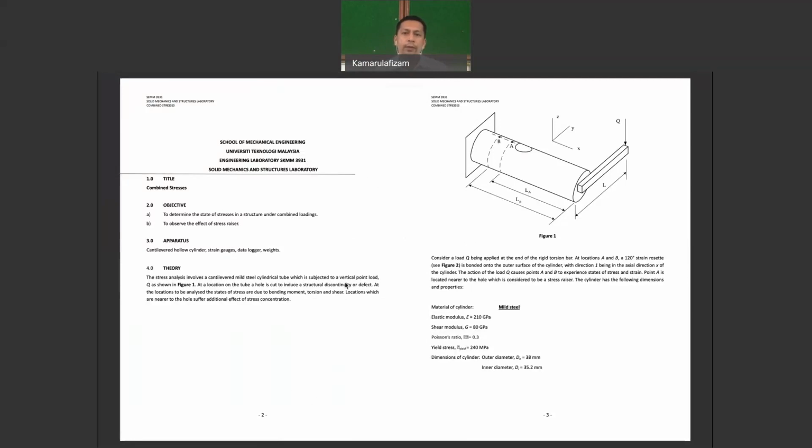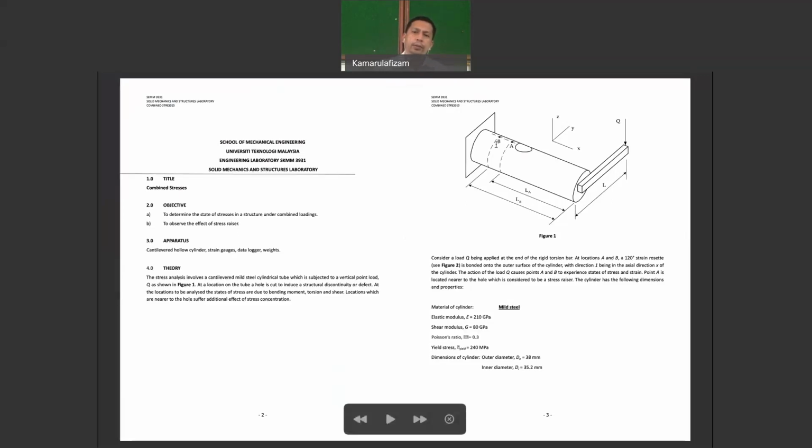You have the apparatus or test rig that has been built in the lab. You have one torsion cylinder with labels and markings, and the parameters are all given. You can see point A and point B on the cylinder.